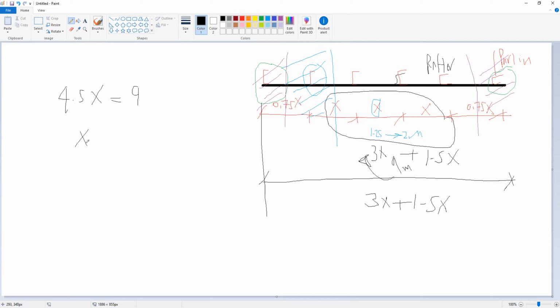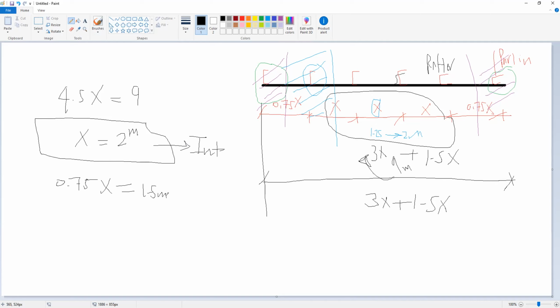That gives us that x is equal to 2 meter. And this is the internal spacing, and the external spacing according to our assumption is 0.75x, which is 1.5 meter. This is our external spacing. Okay. And these two values, the internal and external spacing, are in the range.